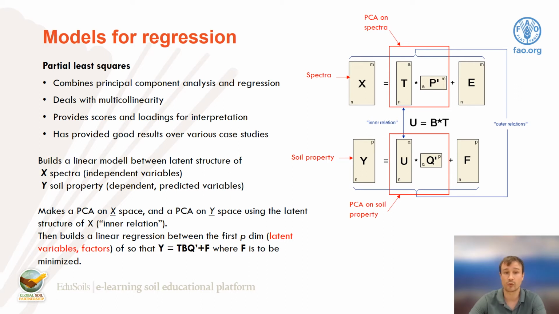We decompose Y into two matrices called U and Q, and we have the residual matrix called F. But this time we define the matrix U so that the inner relation with the T matrix of the spectra is also used. This means that we describe the soil property by the matrices T and P from the spectra, but also Q from the soil property, and we minimize the residuals of this relationship.